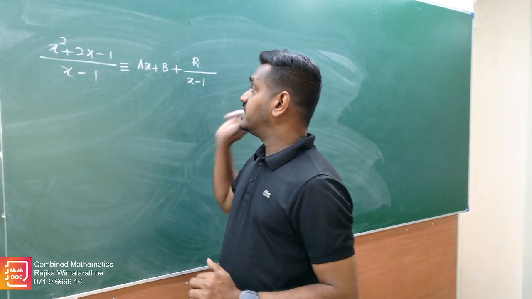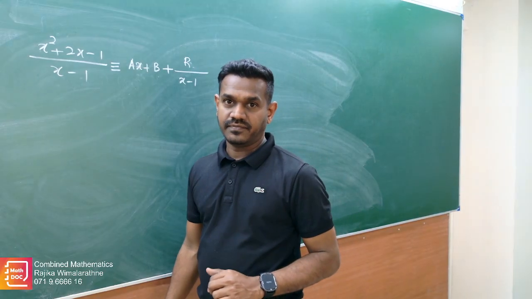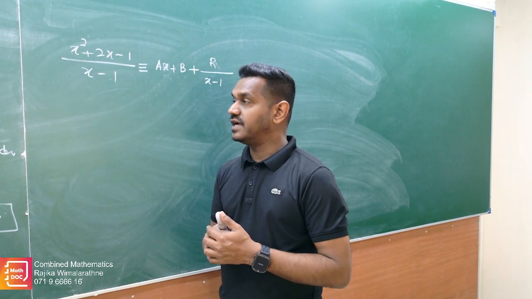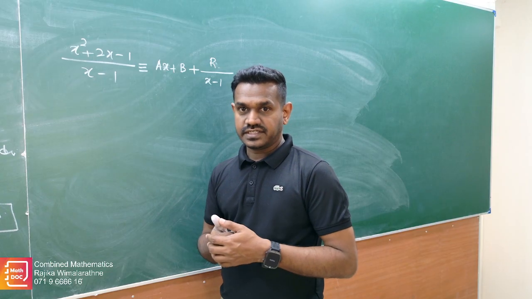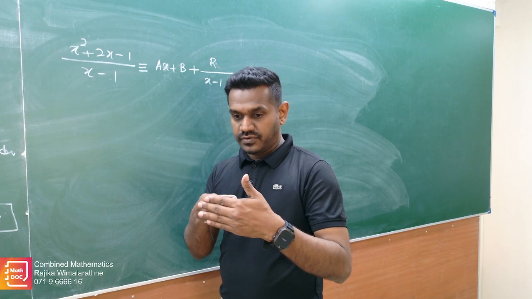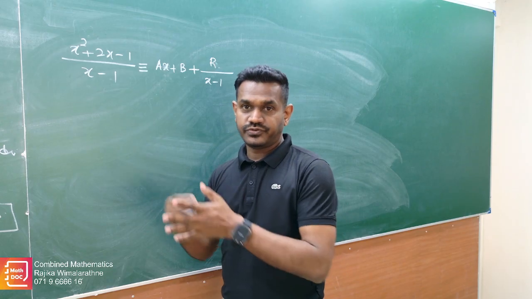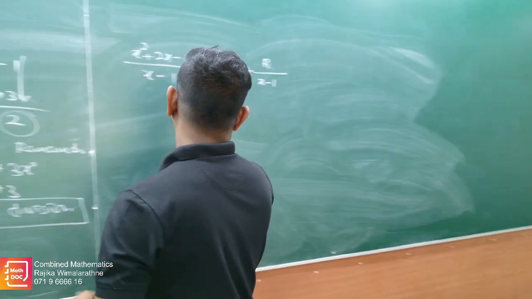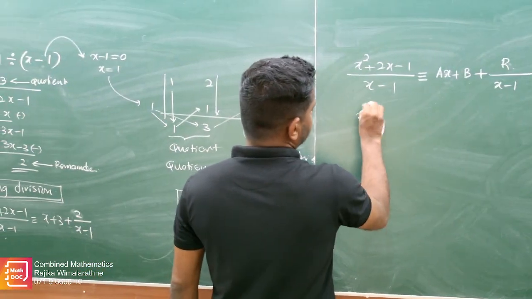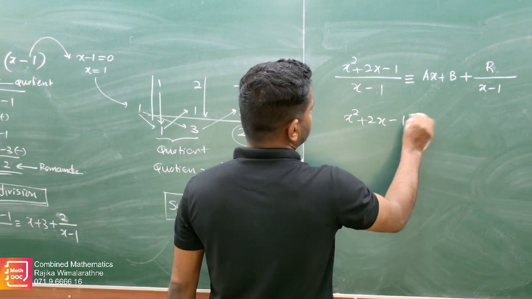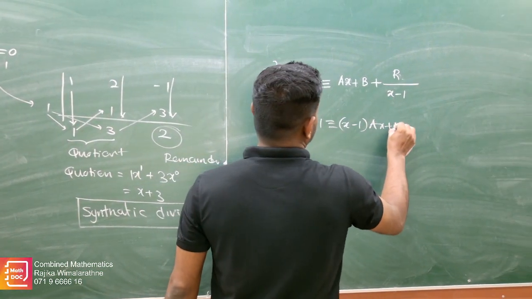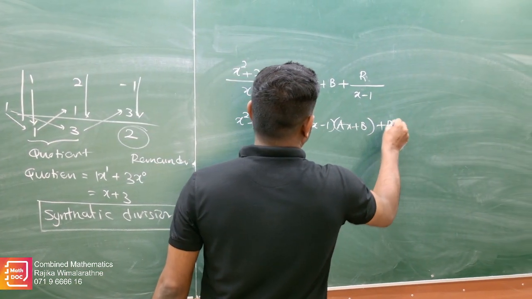Now you try to find the unknowns a, b, and r. This is an identity. This identity you can analyze by equating coefficients, or for an identity we can substitute values to find the unknowns. Let's do that. Multiply by x minus 1, so x squared plus 2x minus 1 is identical to x minus 1 times ax plus b, plus r.